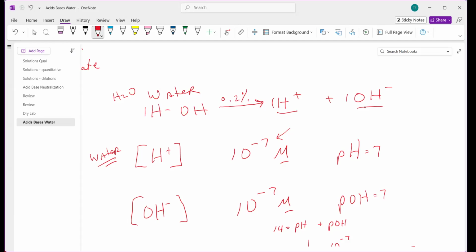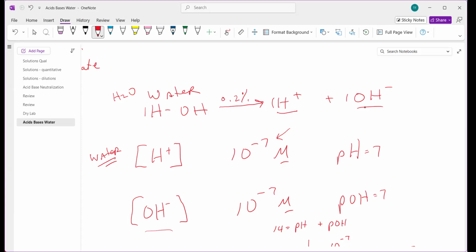You just work with logarithms instead. So if we take the negative logarithm of 10 to the minus 7, that's 7.